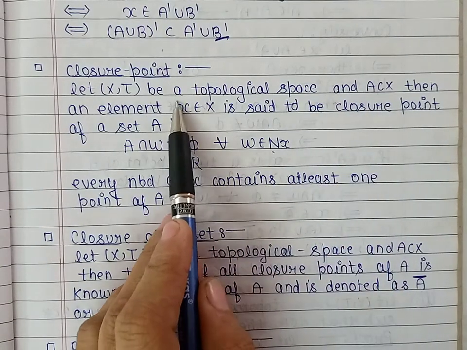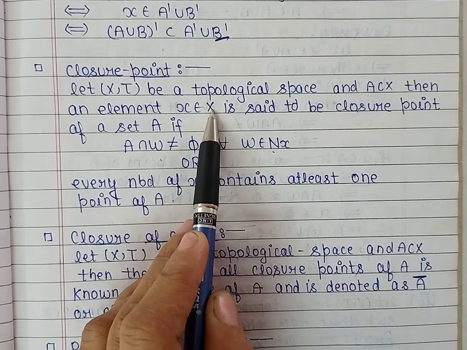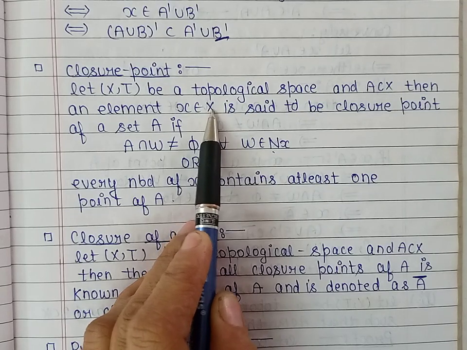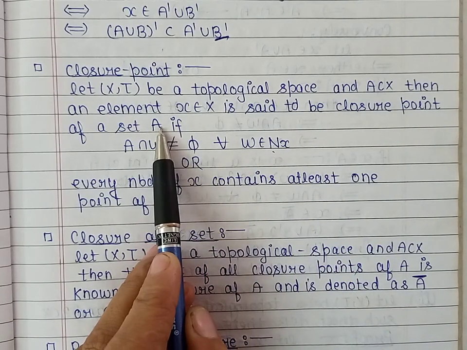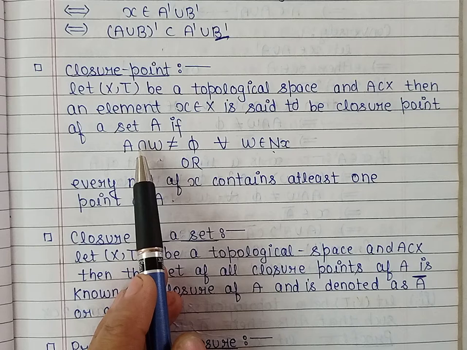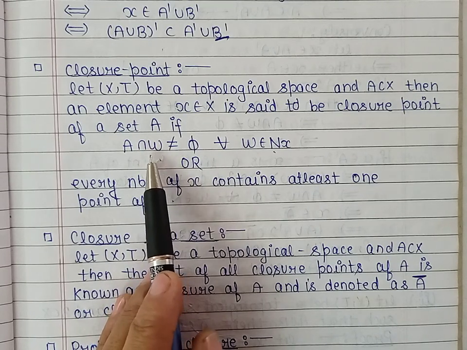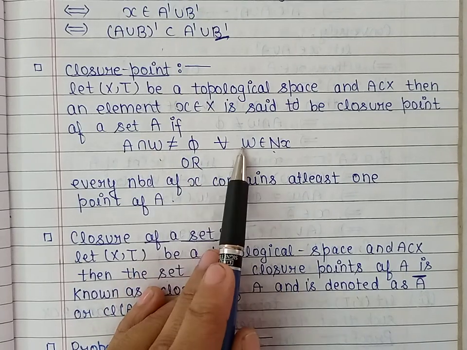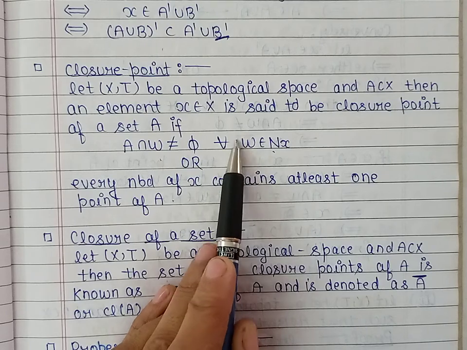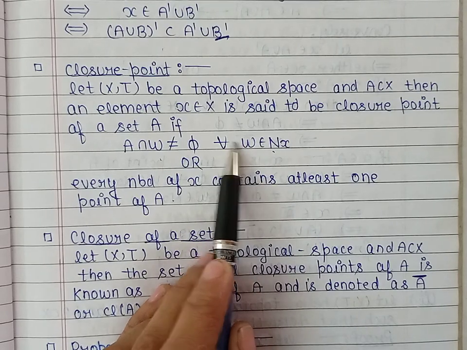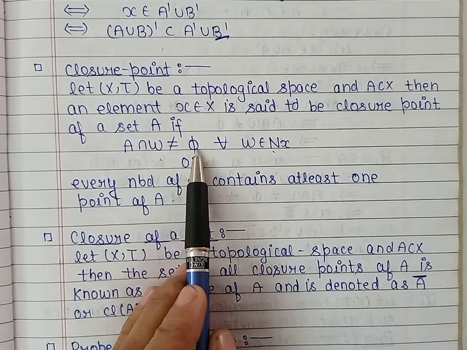Then any element x belonging to the topological space X is said to be a closure point of the set A if every neighborhood of x contains at least one point of A. It means if we take any arbitrary neighborhood of x, which we have denoted by W here, then the intersection of W with A is not equal to phi.